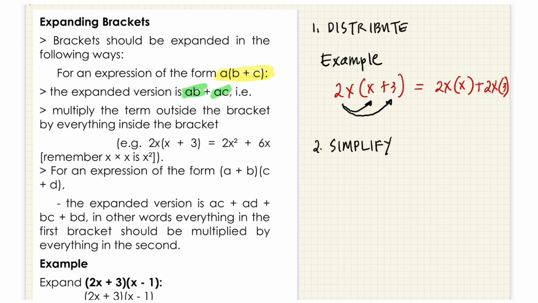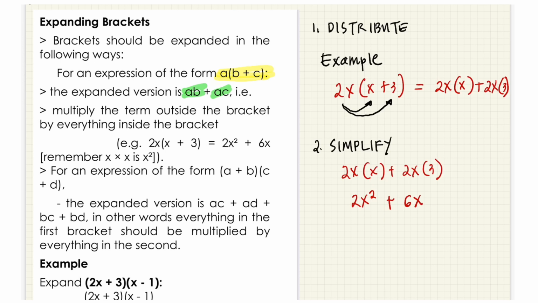So if we have 2x times x plus 2x times 3, the result will be 2x squared plus 6x.